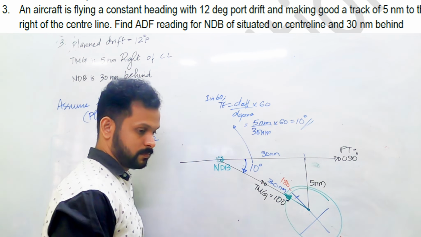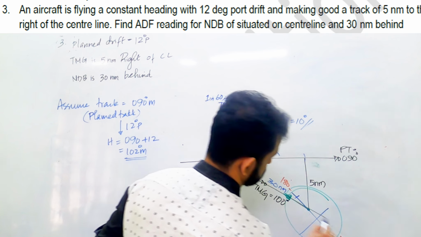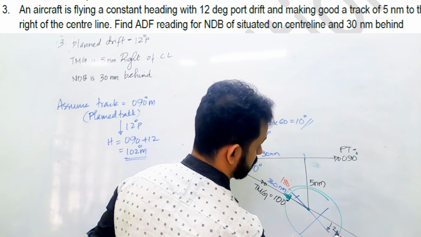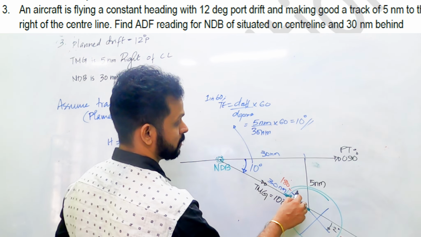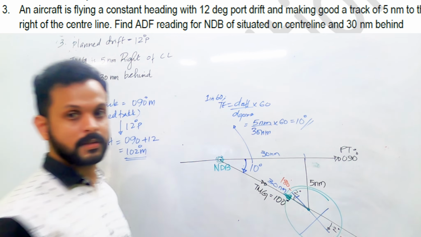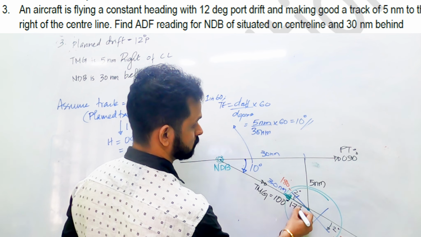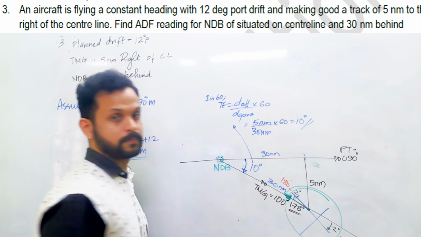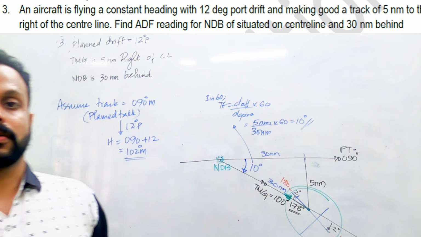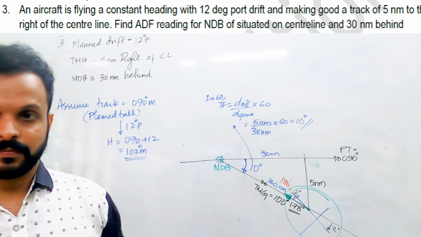If we just extend that line, that's 2 degrees. Therefore, this is also going to be 2 degrees. So the indication will be 180 minus 2, which is 178. 178 will be your ADF indication.